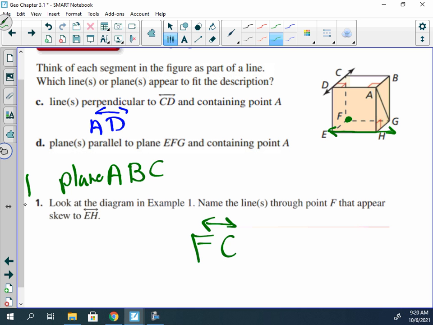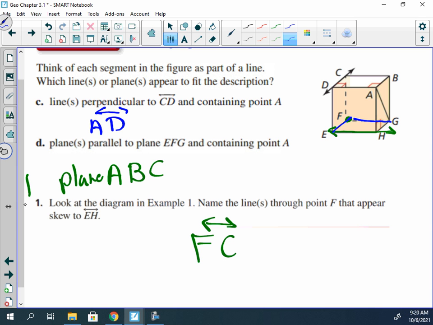Because the other lines that we do have, FE and FG, are both contained within the plane that contains line EH. Because skew has two main properties. They do not intersect and they're not contained within the plane.